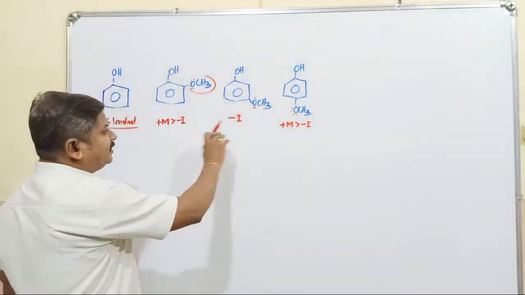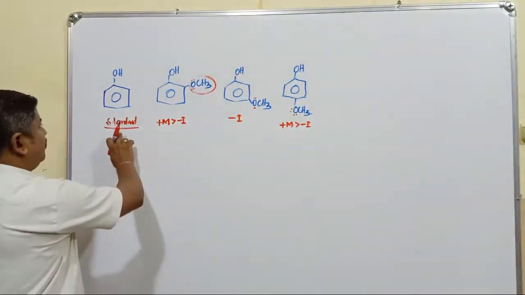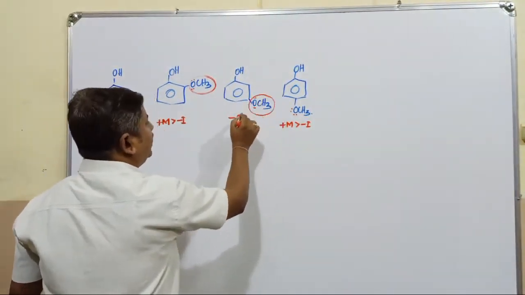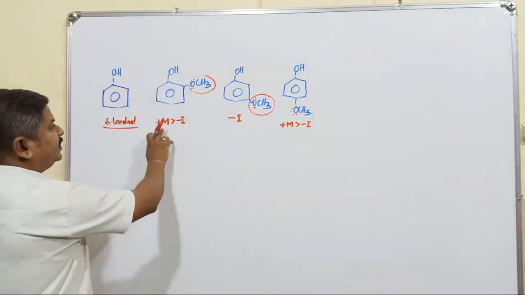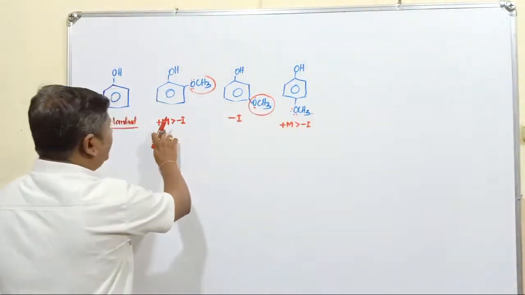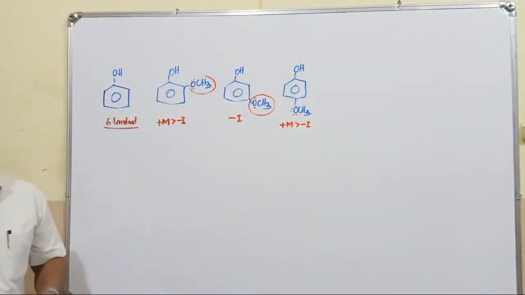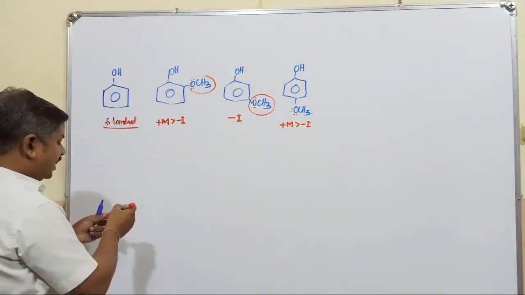So out of these four cases, this is the standard compound without any group, and this is the electron releasing group, but it is having the minus I effect. And these are the two examples where plus M as well as minus I effect is operating, but you know that the plus M effect is dominating over the minus I effect.